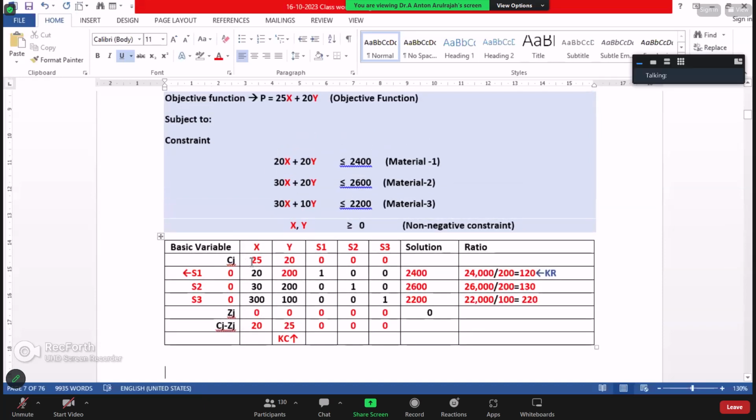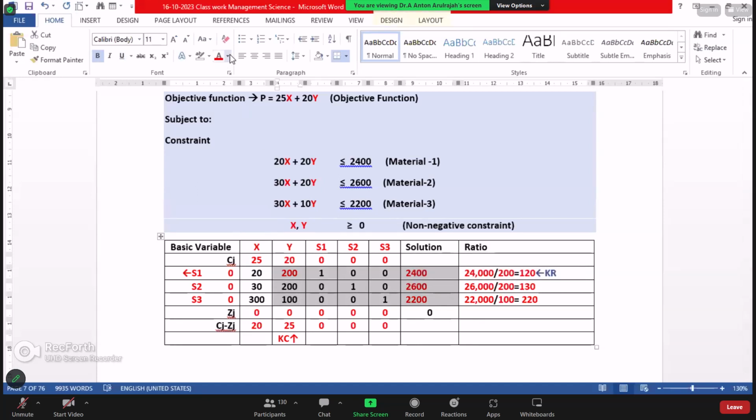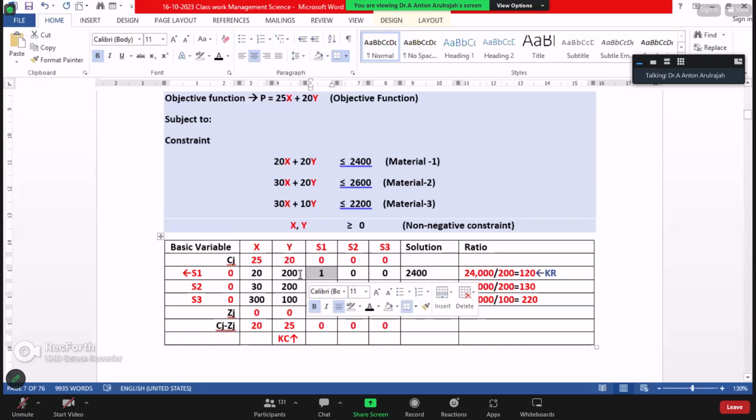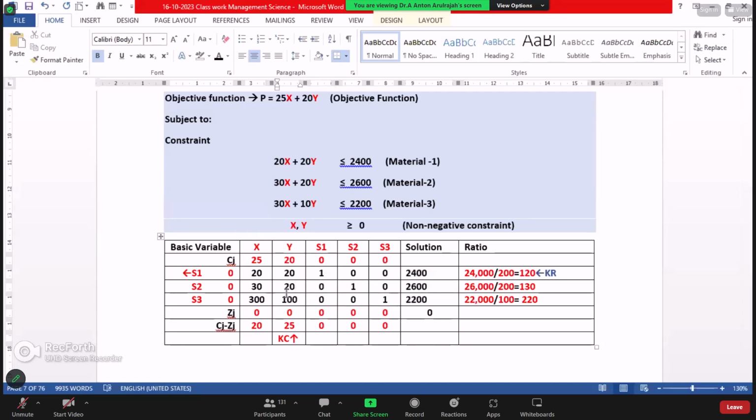Objective functions are changed as 25, 20, 0, 0, right? Then 20, 20, right? 20 and the 30 plus 10. So these are the documents.